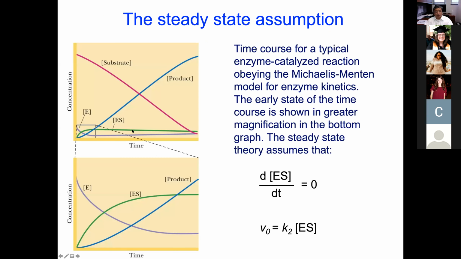And now, based on our observation about how fast ES forms and then has a steady state consumption, we assume that at the time period we study this problem, the concentration of ES does not change. So that is a steady state assumption. And then we have the equation: V naught equals K2 times ES. So we can describe the rate of the product formation by multiplying the ES concentration by the rate constant K2.